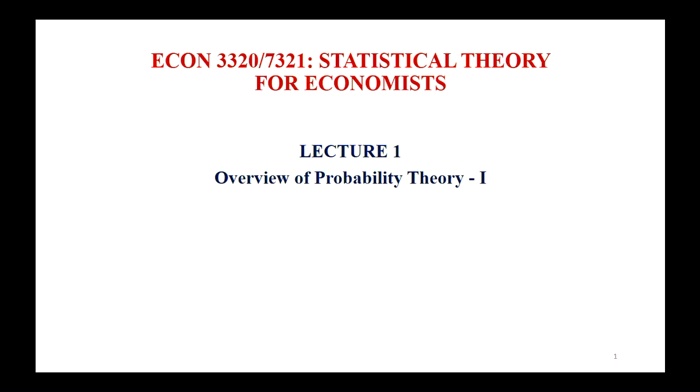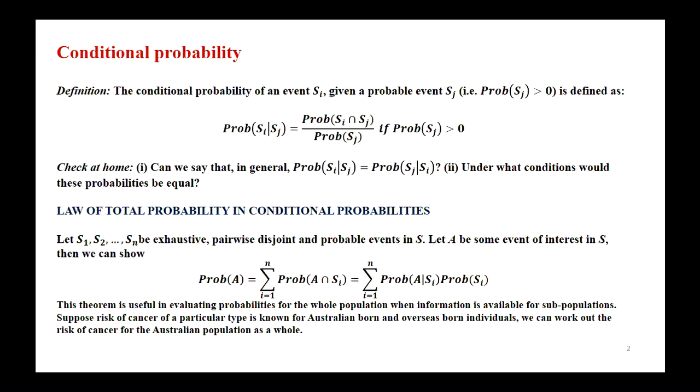Okay, so first thing I'm going to do this lecture is finish off what we started last time, end of lecture 1, then we're going to start lecture 2. We got up to the definition of conditional probability. So what is conditional probability?